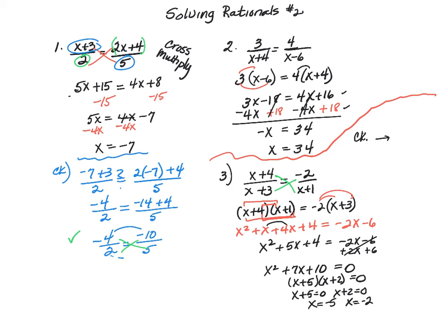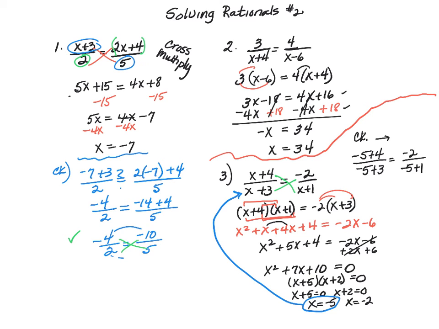I am going to put in (negative 5 plus 4) over (negative 5 plus 3) equals negative 2 over (negative 5 plus 1). Now, just to refresh your mind, what I'm doing is I'm taking this value here I found for x, and I'm putting it back in the original problem to see if it works.